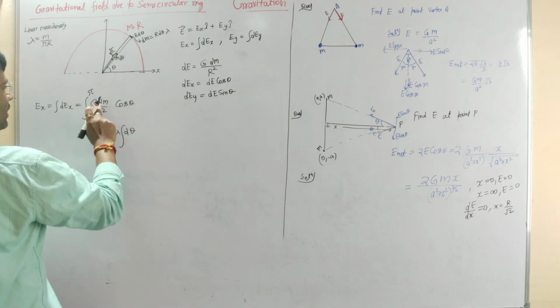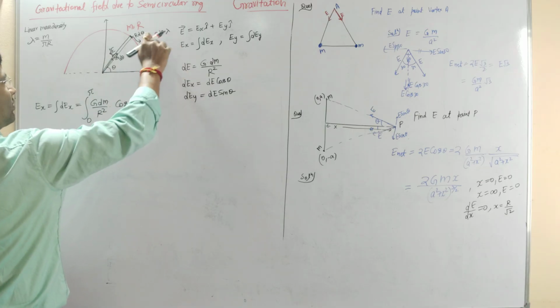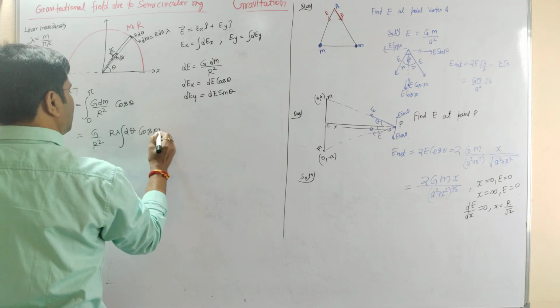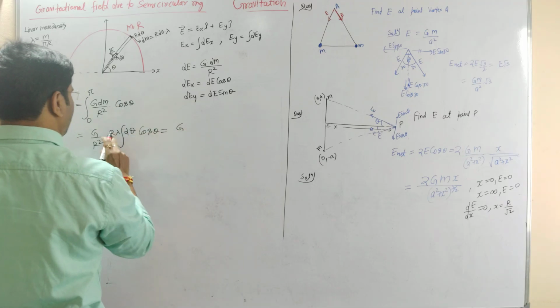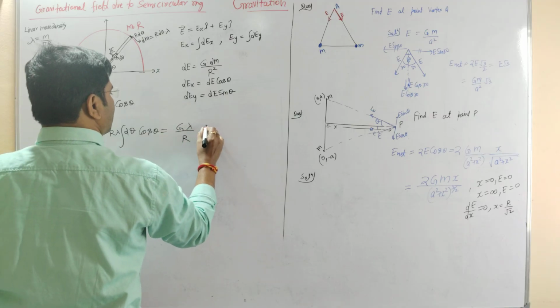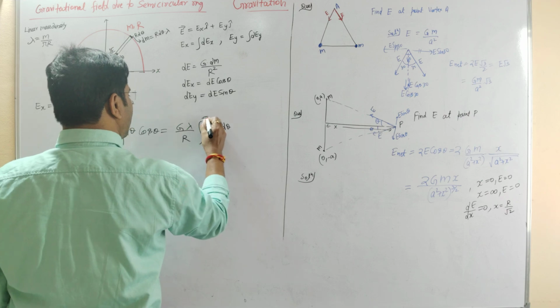One r cancels out, so this is G lambda upon r, integration of cos theta d theta from 0 to pi.